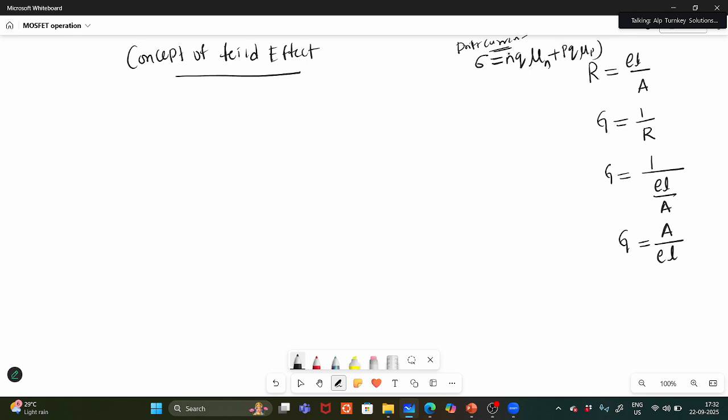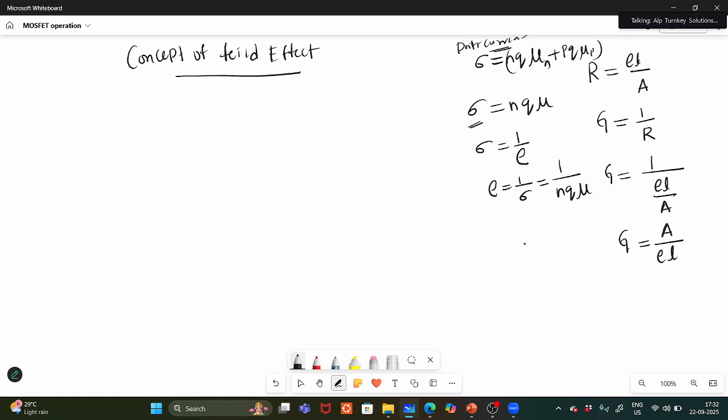In general, with respect to electrons, sigma equals n q mu. This is the conductivity, and conductivity and resistivity are reciprocals of each other. So rho equals 1 by sigma, resistivity equals 1 by n q mu.